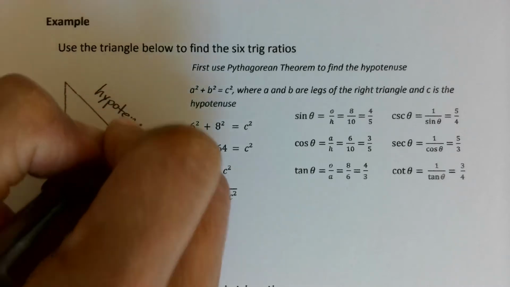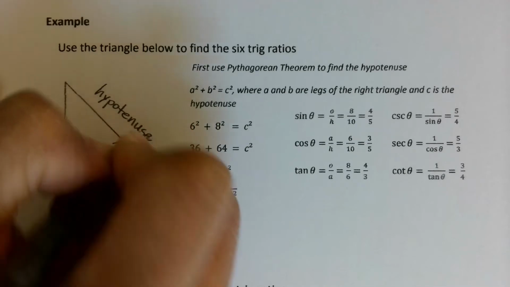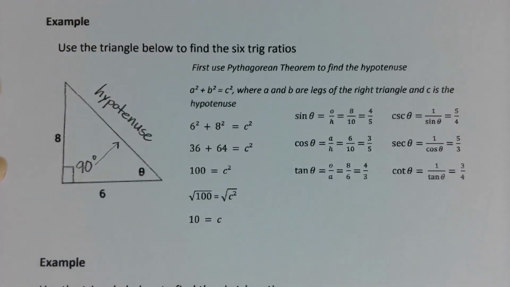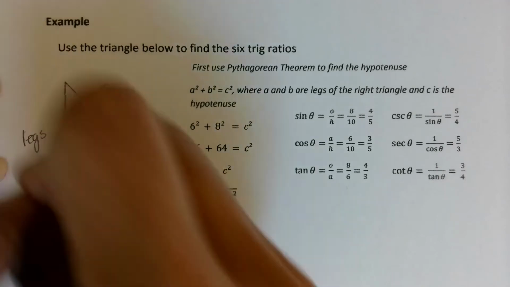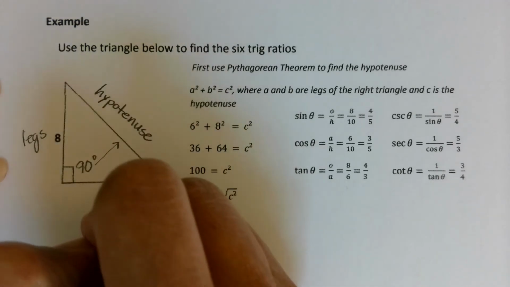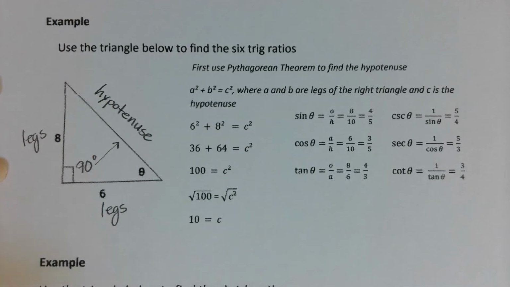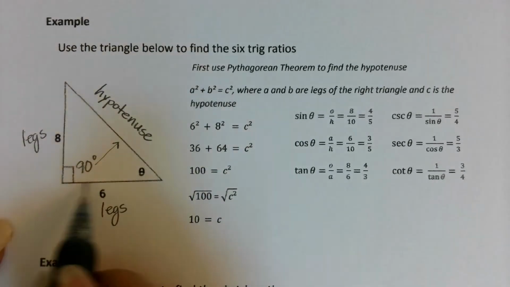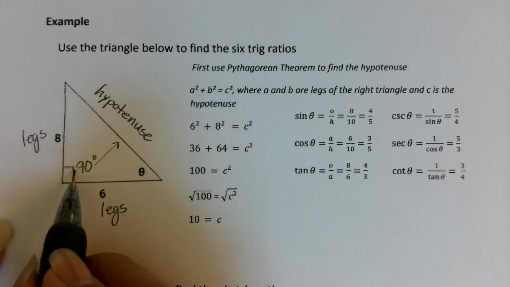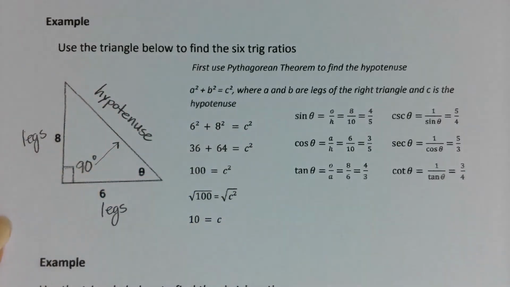Hypotenuse is the longest side of our right triangle. The legs are the sides that will always form the 90-degree angle. Okay? So notice that this side and this side form this 90-degree angle. Those will always be what we call the legs.